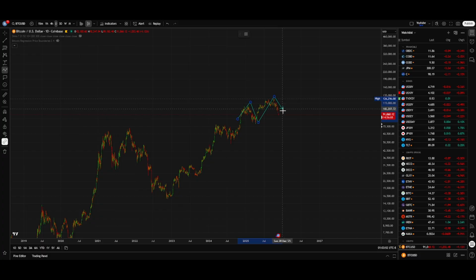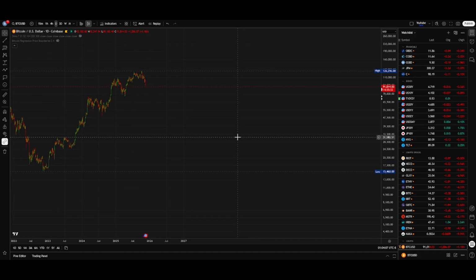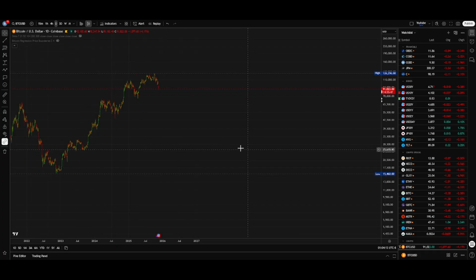You can go like this, this, this, double neckline here and then just down, right? And usually it does after the top's in. It usually takes about 14 months to bottom, right? So if the top was here in October, you go 14 months from there, the bottom would be in 2027. It'd roughly be December to January of 2027 if my math's not wrong.